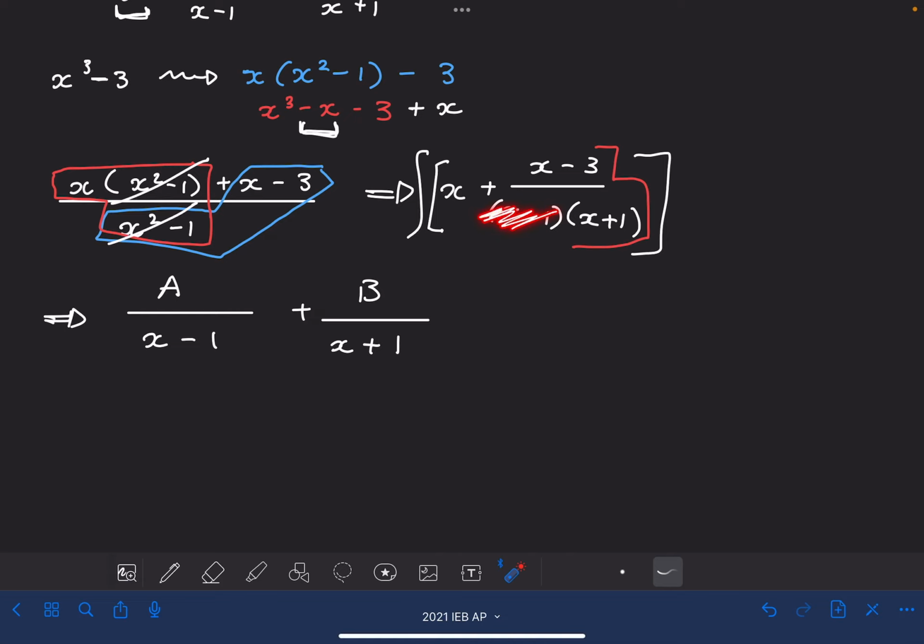If we replace x with 1 in this case, we get 1 minus 3 over 1 plus 1, which is negative 2 over 2, which is negative 1, which means a is equal to negative 1. By a similar process, replacing x with negative 1 for getting b, we find that b is equal to positive 2.